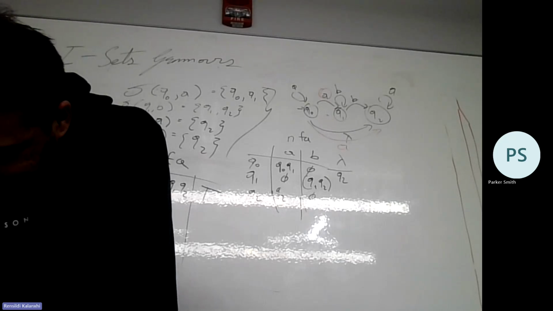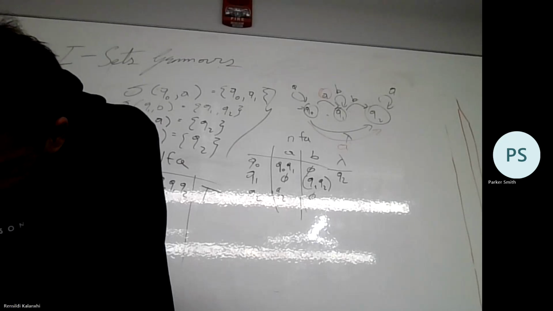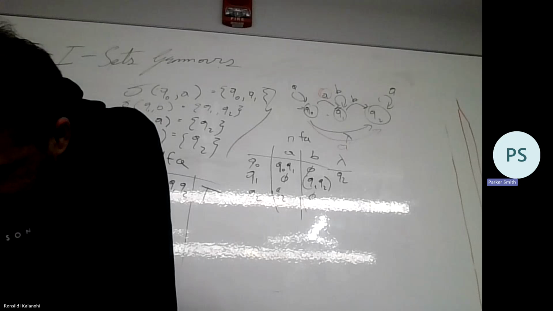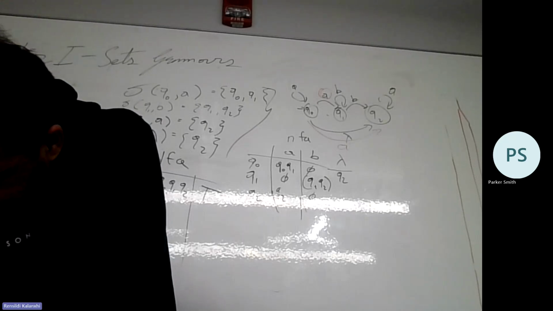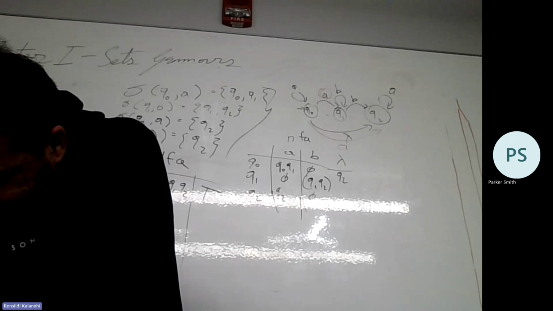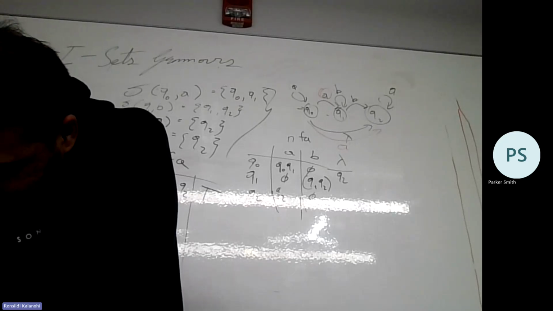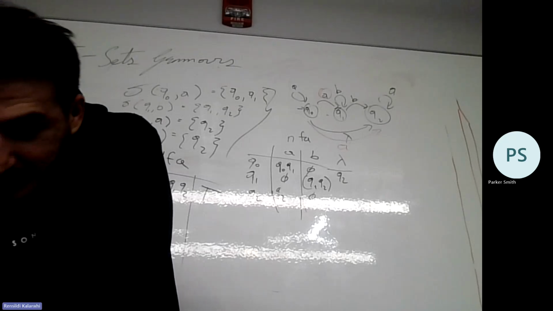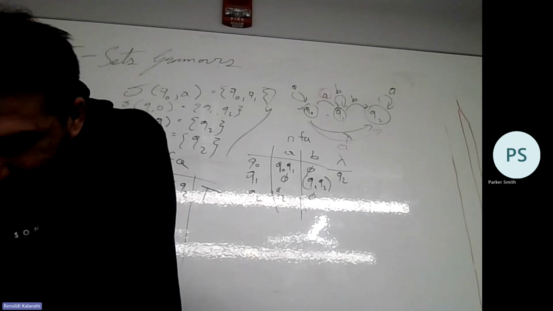It says initial state Q0, final state Q2. I'm looking at one of the notes on one of the problems that the Professor went through. I remember that I kept a note of it. It says when you're converting to the DFA, if Q0 is not pointing to anything with respect to B, then you leave it as phi, right?